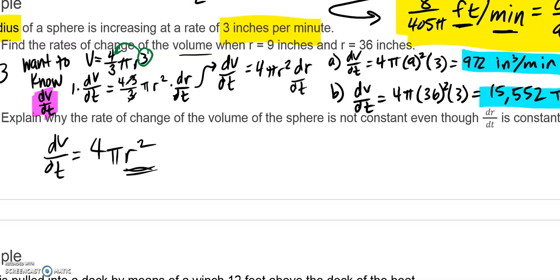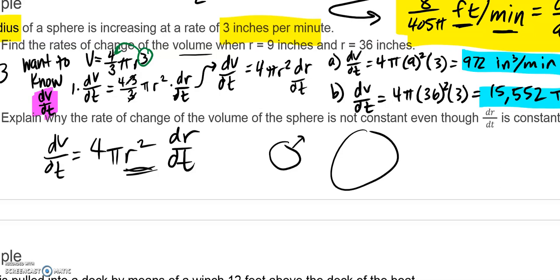And so that means the change in volume is going to be changing a lot faster depending on the radius. And we already know the change in the radius, dr/dt. That was 3. Okay, so for example, if you have a balloon this size versus a balloon at this size, the radius is still changing at 3 inches per minute.